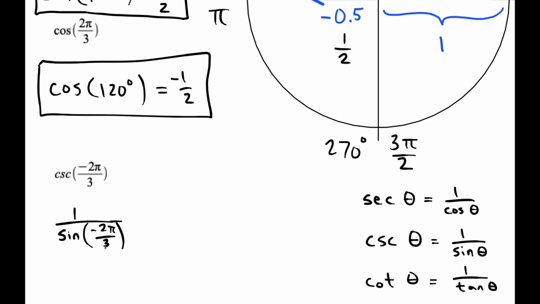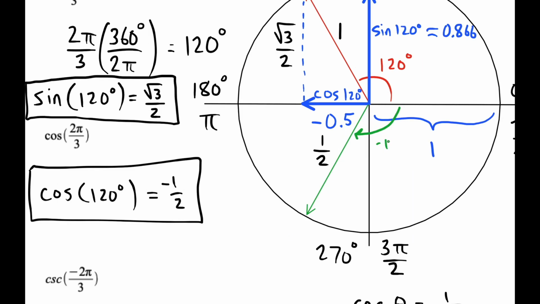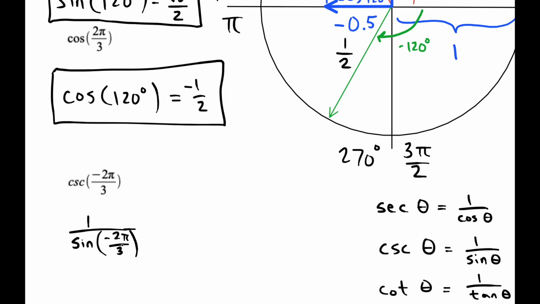And when we have a negative angle, negative angles are measured clockwise rather than counterclockwise. So this is a picture of negative 120 degrees. We'd like to find the sine of negative 2 pi over 3.